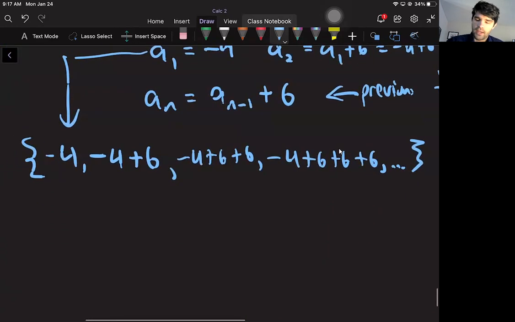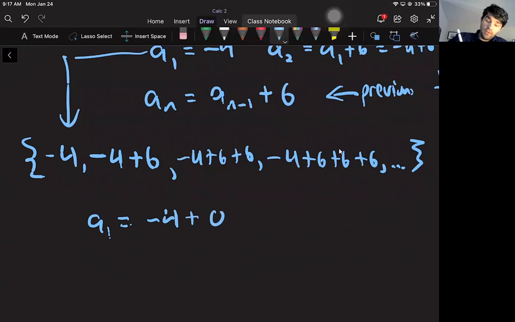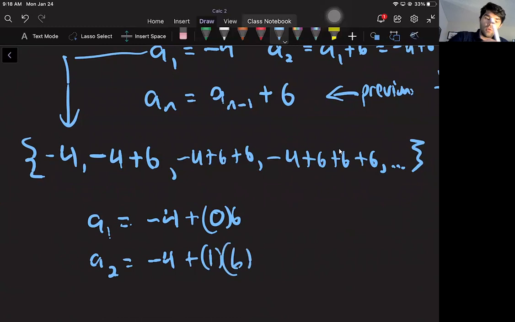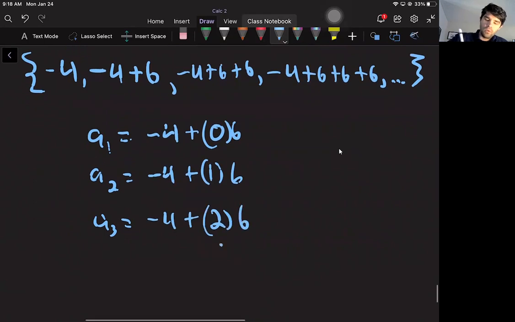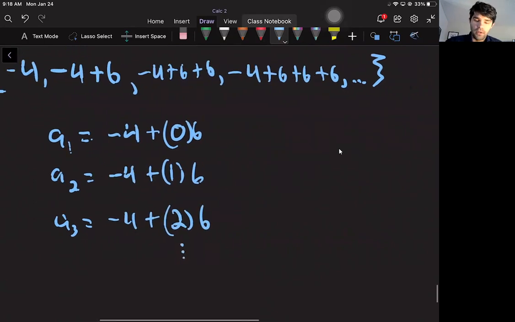So then I can now think about my sequence in the original way we did at the beginning. So it's negative 4 plus no 6s for A1, negative 4 plus 1 6 for A2, and negative 4 plus 2 6s for A3, and so on like that.